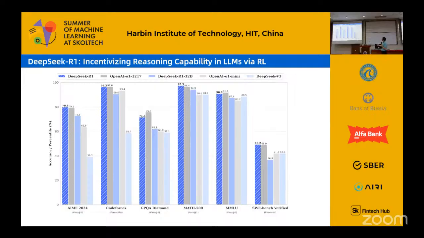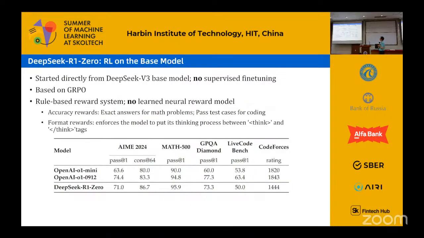You can see its performance is comparable with the OpenAI O1 model from the end of last year. I think it's the first model, even the first open source model, comparable to the OpenAI O1 model on reasoning tasks. Then how did DeepSeek R1 achieve this progress?